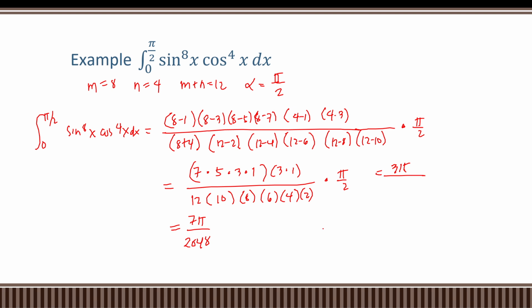Then 12 times 10 times 8 times 6 times 4 times 2, that is 92,160. So we have 315 over 92,160 times pi. So therefore we have 7 pi over 2048.